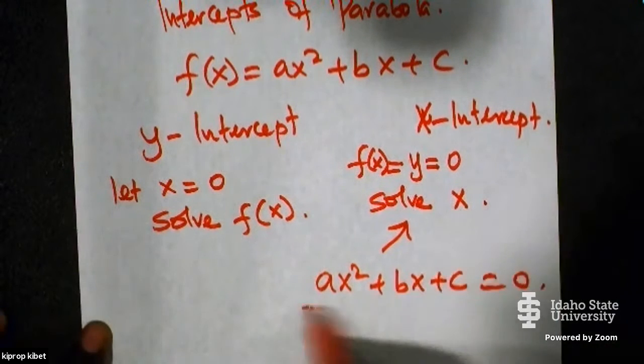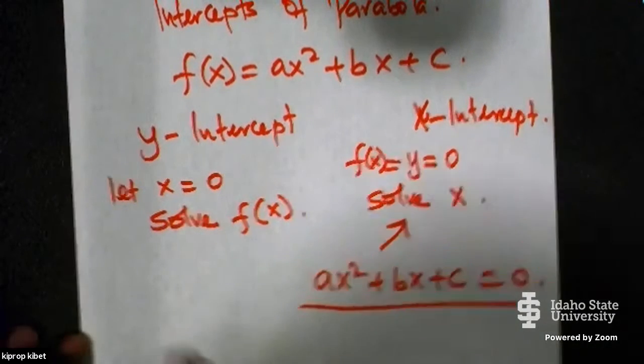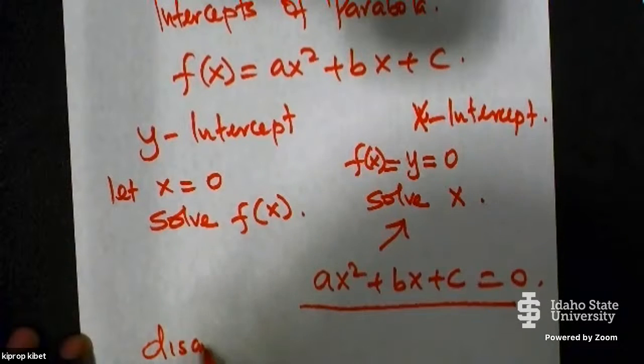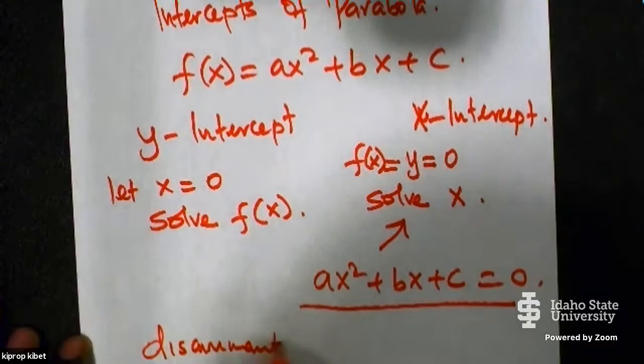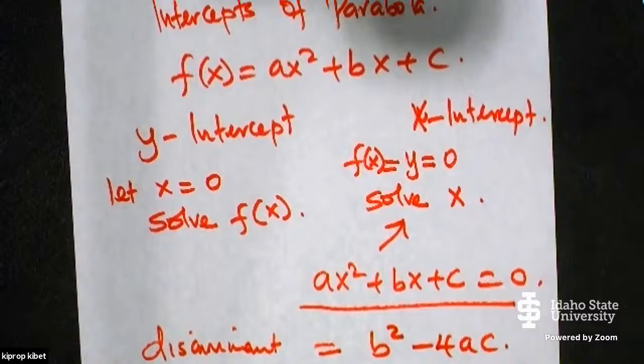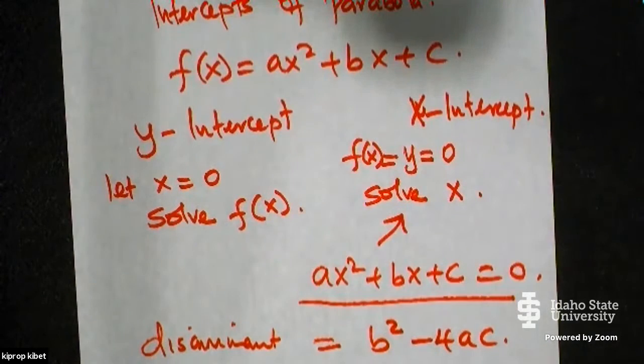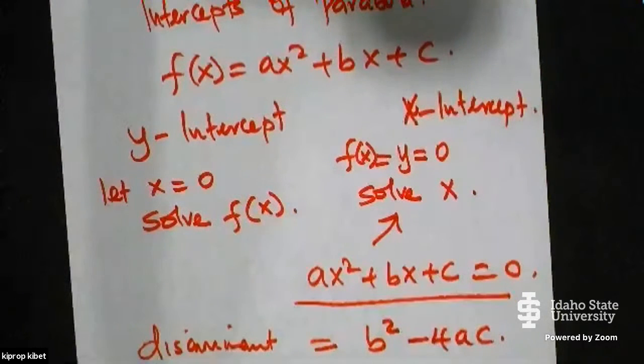Now, at this point, we can still use the discriminant. You still remember the discriminant? The discriminant is b squared minus 4ac, right? Now we can use this discriminant to get how many values of x there should be.